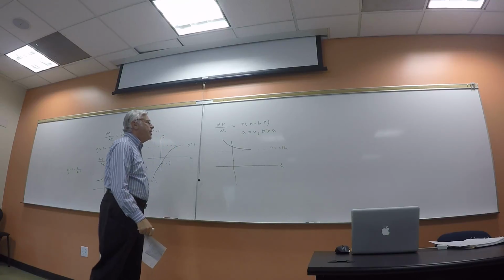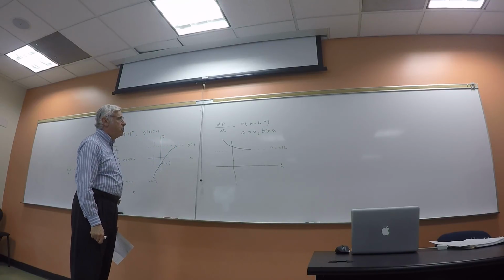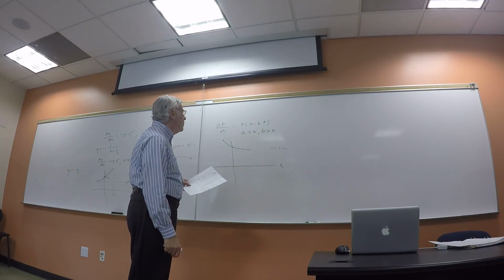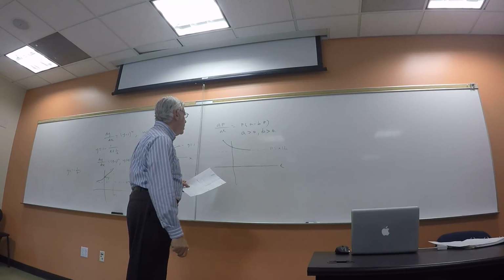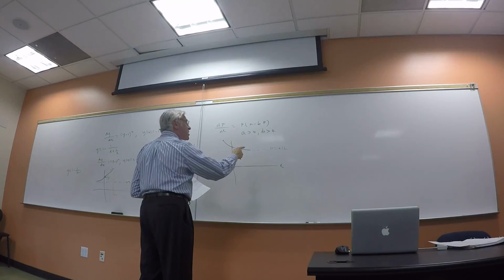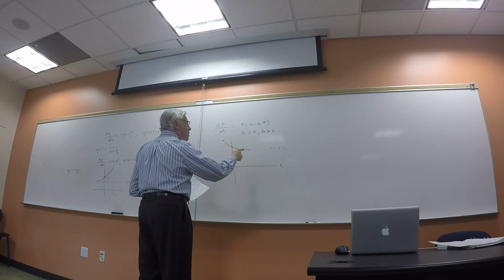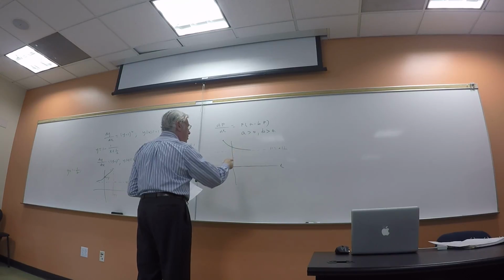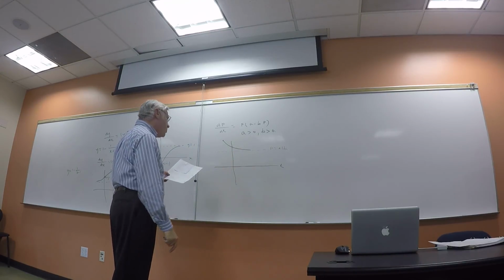And this should be positive also, because P is less than A over B, so BP is less than A. Let me just get the sign right. It has to be a positive slope, because P is less than A over B. So here we have a positive slope.